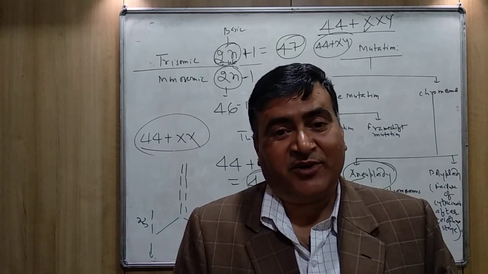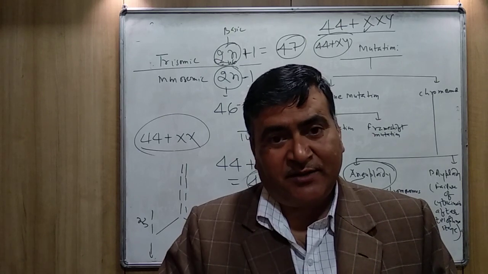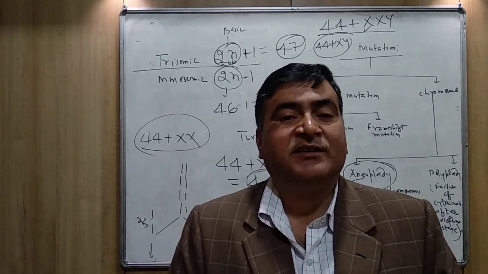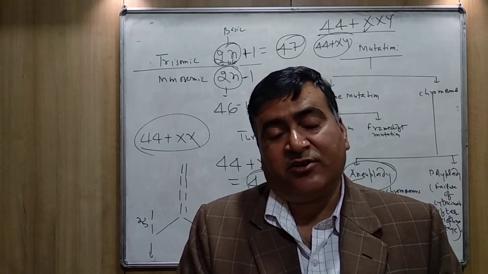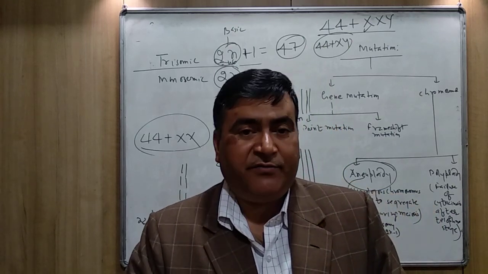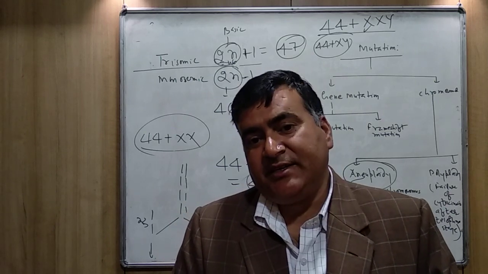It's also very important. I couldn't explain earlier. So mutation is the process of change in the structure of the DNA, and mutagens are the substances which are the cause of mutation, and the mutagens may be physical agents or chemical agents.